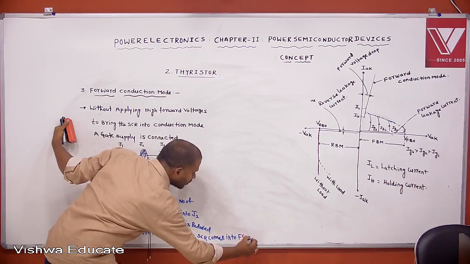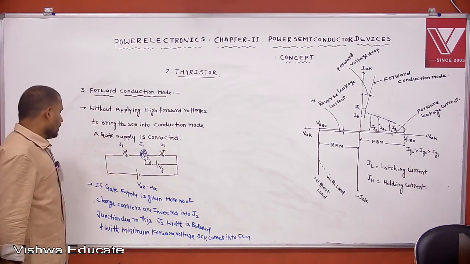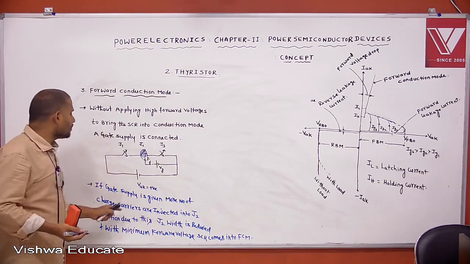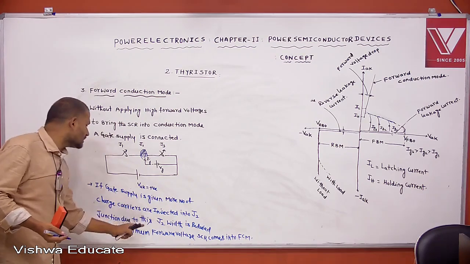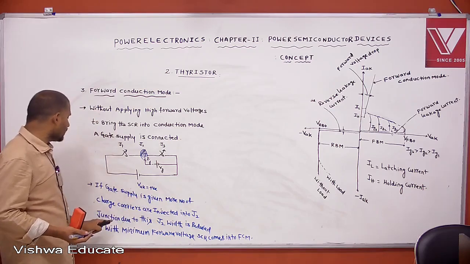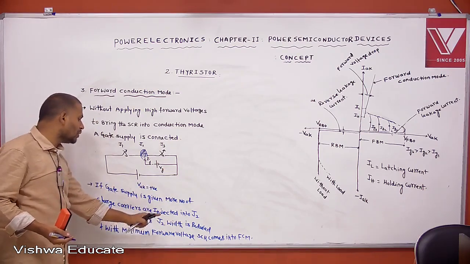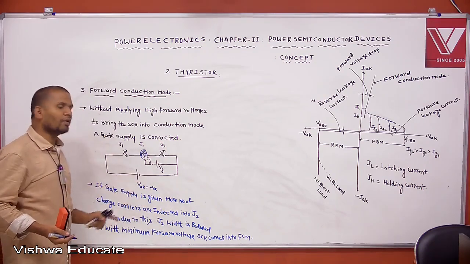Forward conduction mode. This type of triggering is called gate triggering. If gate supply is given, more number of charge carriers are injected into J2 junction, and due to this, J2 width is reduced, and with minimum forward voltage, SCR comes into forward conduction.